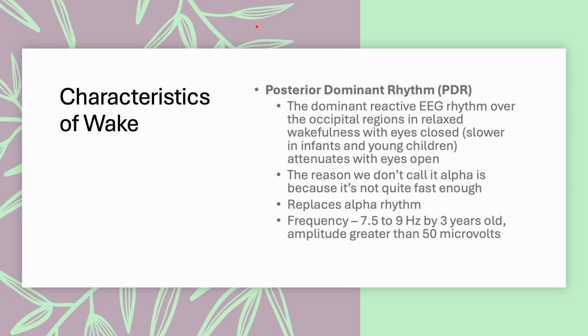Those are intermittent runs of bilateral, meaning both sides, but often asymmetric, meaning they don't occur at the same height, 2.5 to 4.5 hertz slow waves superimposed, riding along or fused with the PDR, usually less than 120% of the PDR voltage. They block with eye opening and disappear with drowsiness and sleep.